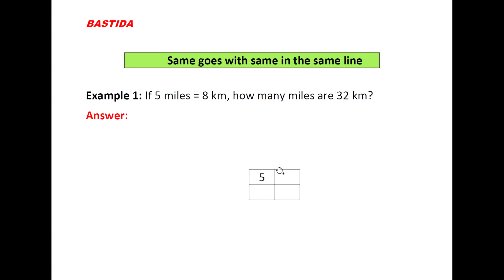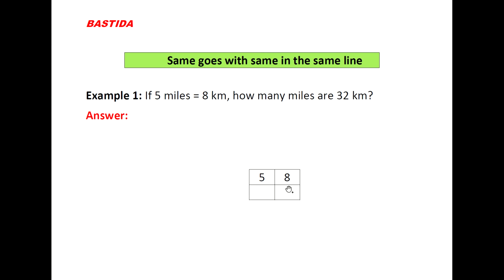Once we have this 5 here, where will 8 go? Well, 8 is same with 5 because 5 miles is the same as 8 kilometers. So 5 and 8 should go in the same row. Okay, we are going to put 8 in the same row as 5. So it will go here, the same row.